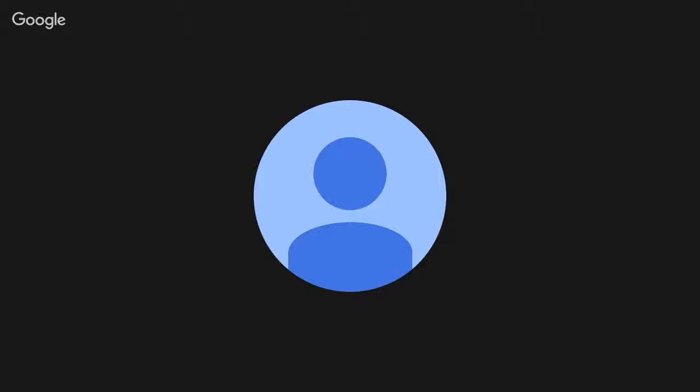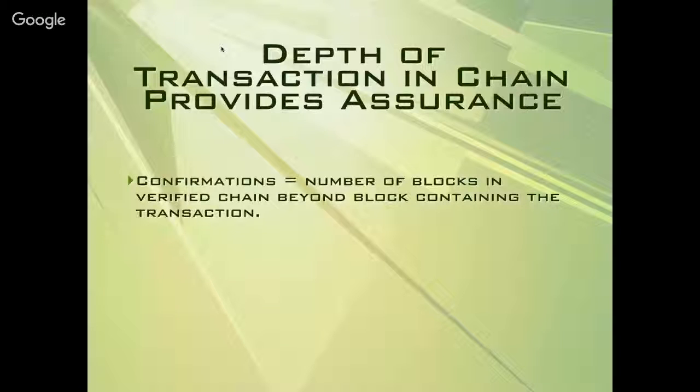Since the blocks are in a chain, if you have a transaction, we call the number of blocks past the block containing the transaction that have been mined the number of confirmations. Because what could happen is that you could have two competing chains.